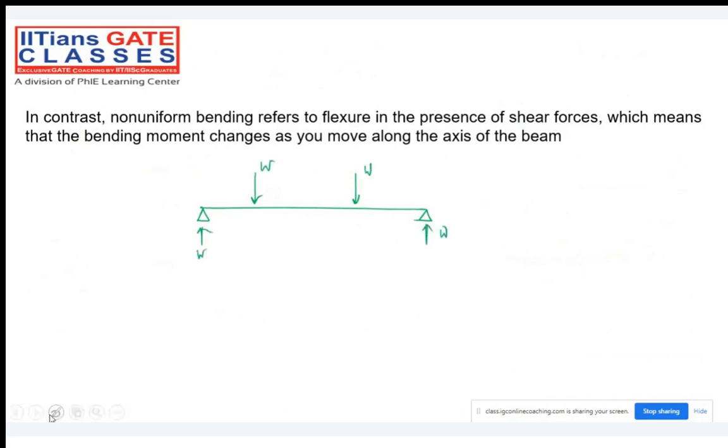If you draw the bending moment diagram, it will be like this, with spans L, 2L, L. The regions we have are A to B, B to C, and C to D. A to B and C to D are non-uniform bending, my dear friend.